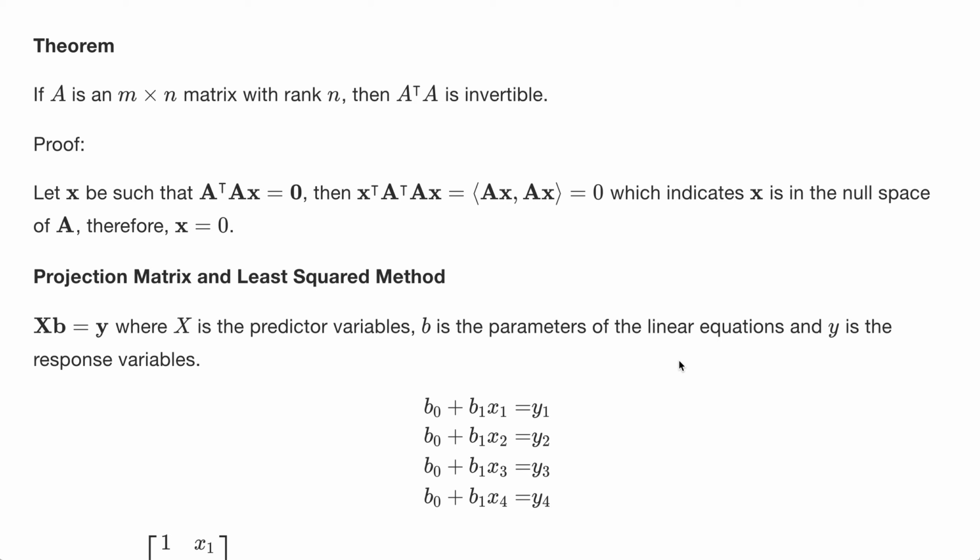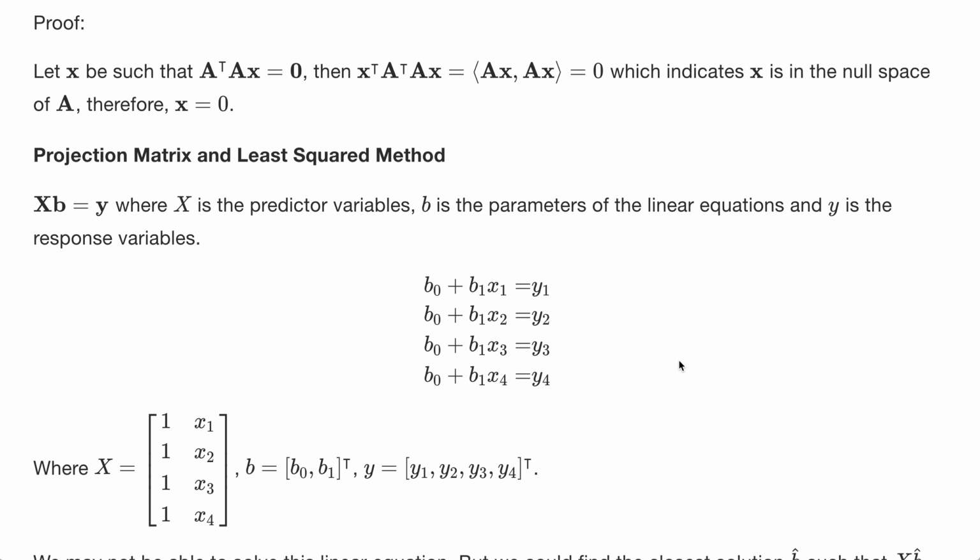But this is an inner product of Ax with itself, so that means that Ax is equal to 0. But all the columns of A are independent, so we know that the only x that makes Ax equal to 0 is x equal to 0. That proves that A transpose A is invertible.